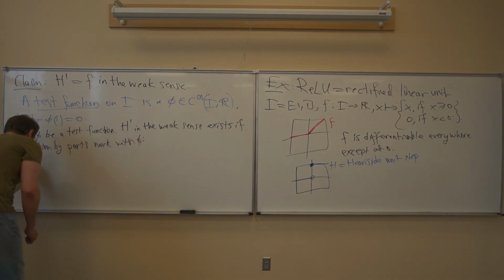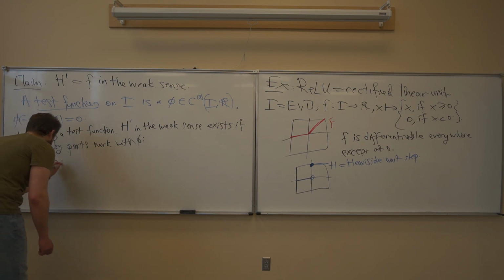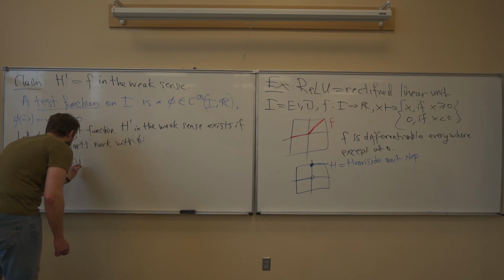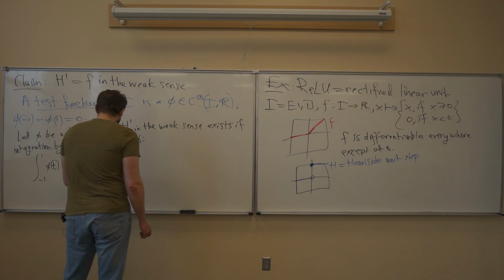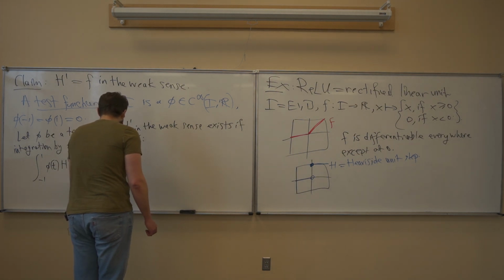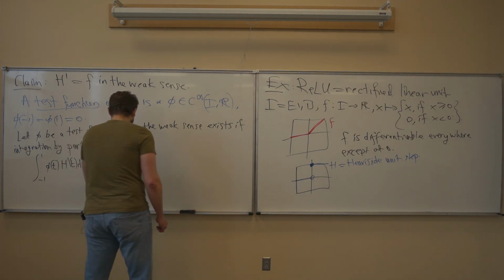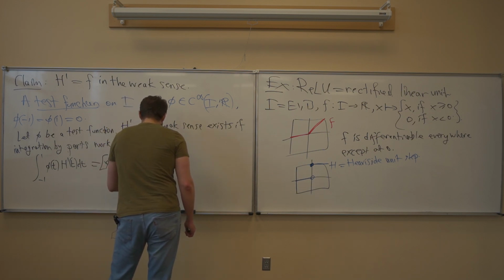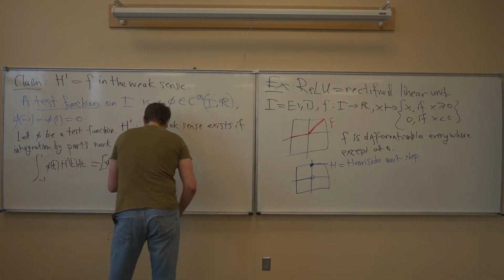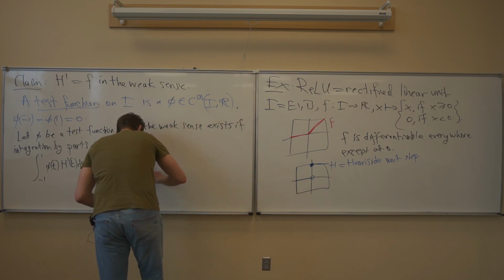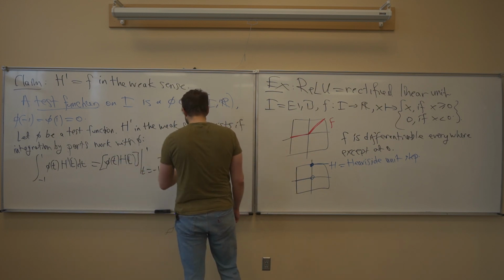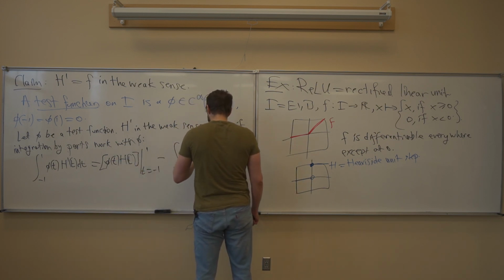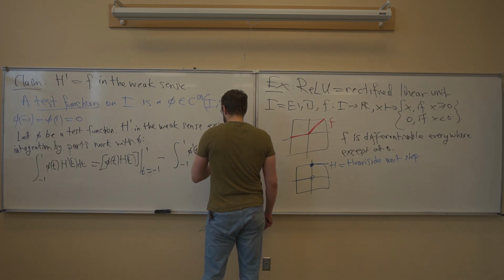That is to say, the integral from -1 to 1 of phi of t, h prime of t, dt has to be phi of t, h of t, where t is evaluated from -1 to 1, minus the integral from -1 to 1 of phi prime of t, h of t, dt.